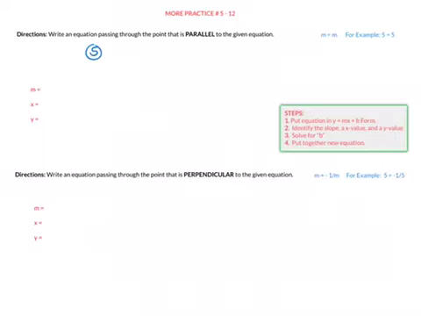is to make sure that the equation is in slope-intercept form. So we want to make sure that it's already in that y equals mx plus b format. For number 5, it is in slope-intercept form. So step 1 is done. Number 2, you want to identify all the things that you know about the problem from what's given.